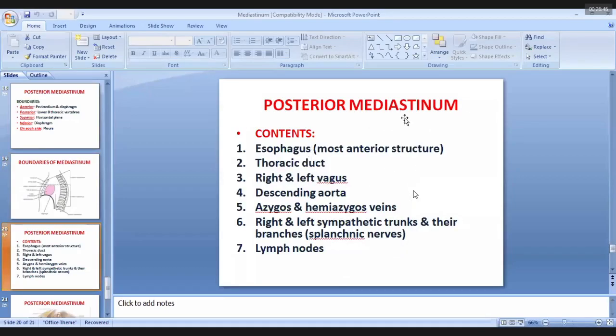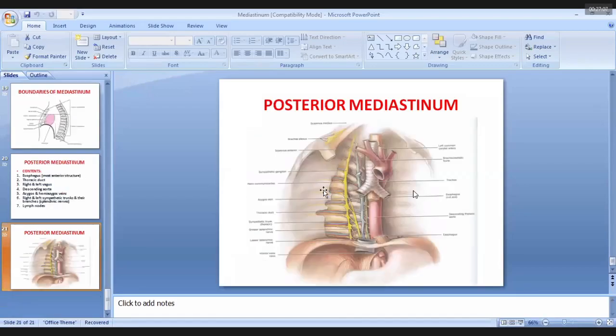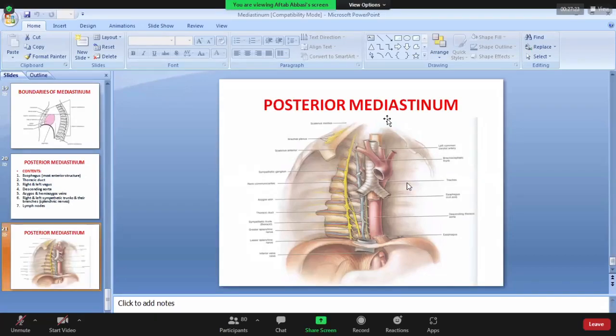The contents of the posterior mediastinum: it contains the esophagus along with the esophageal plexus, the thoracic duct, right and the left vagus nerve, descending aorta, azygos veins containing the main azygos and the hemiazygos veins, right and the left sympathetic trunks and their branches like the splanchnic nerves, and the posterior mediastinal group of the lymph nodes. So the esophagus, after it lies in the superior mediastinum, runs downward and passes through the posterior mediastinum, along with the esophageal plexus, the thoracic duct which is one of the lymphatic ducts, right and the left vagus nerve.